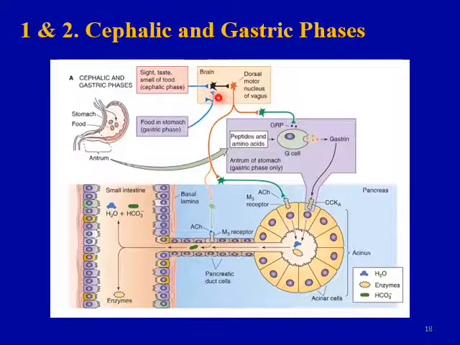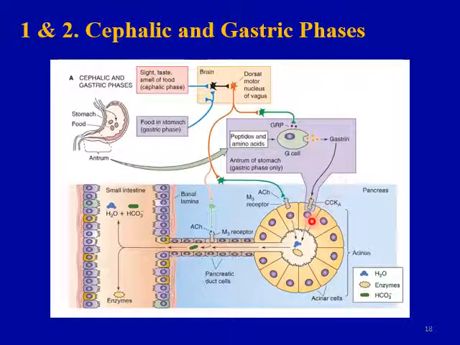All of these will convey the signals to the dorsal motor nucleus of the vagus nerve, which in turn will convey action potentials to the parasympathetic ganglia and then to the wall of the stomach, where the release of gastrin-releasing peptide on the G cells will cause the release of gastrin.